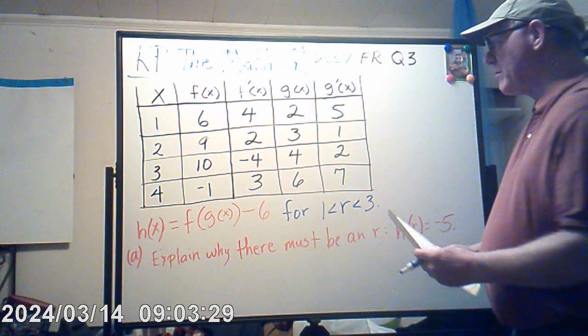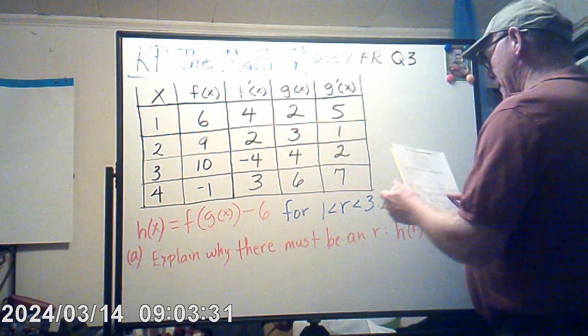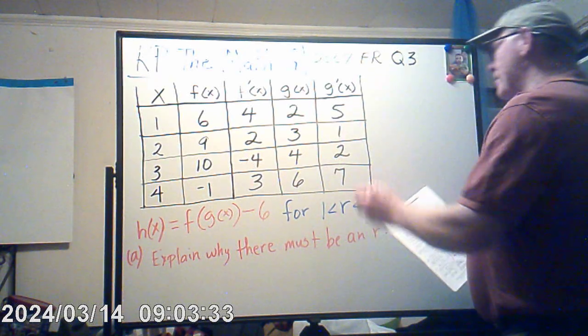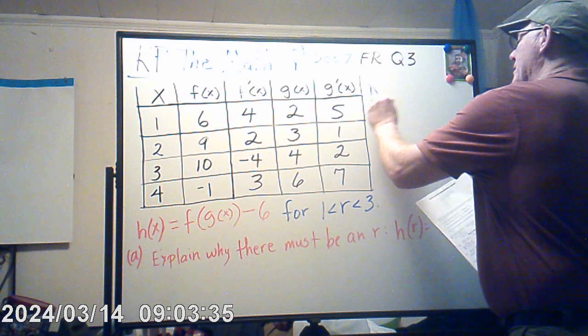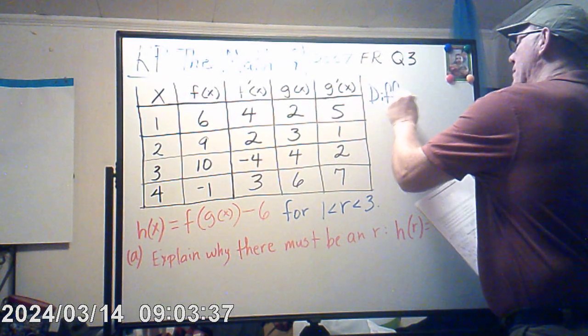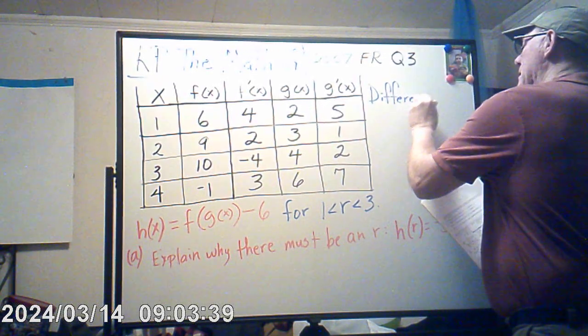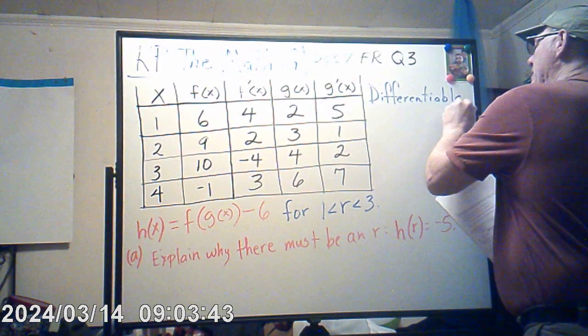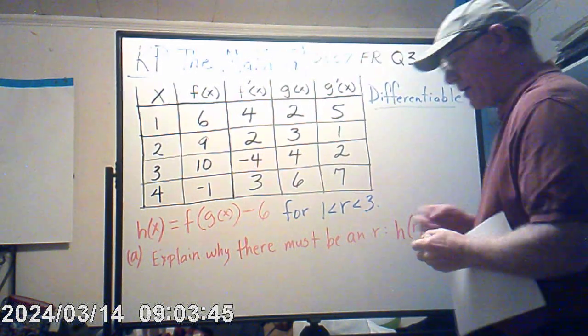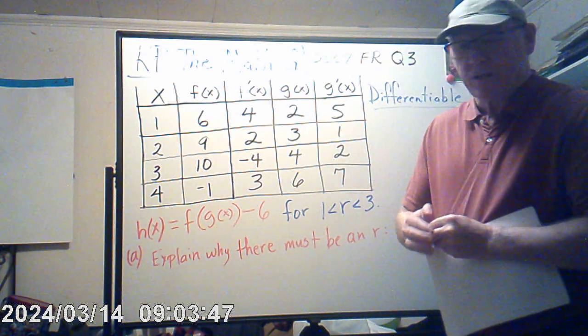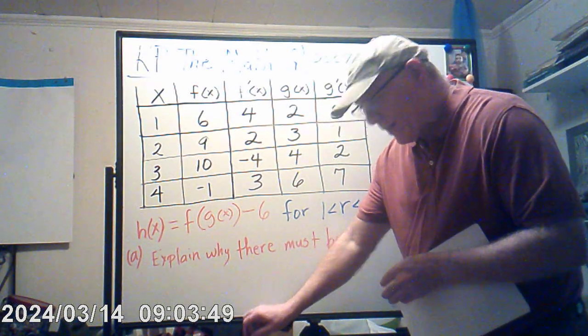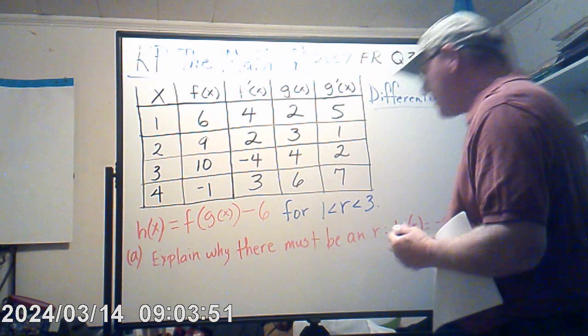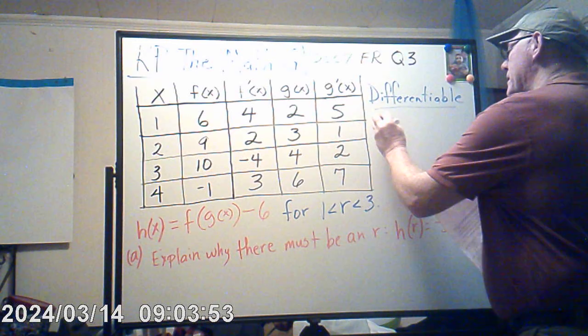First of all, we do know a couple things, and again, I'm sorry I didn't write everything down, but one word that comes to mind is differentiable. Now, what do you know about anything that's differentiable? That's right. It is continuous.